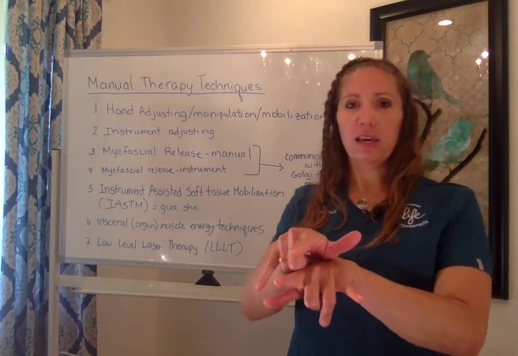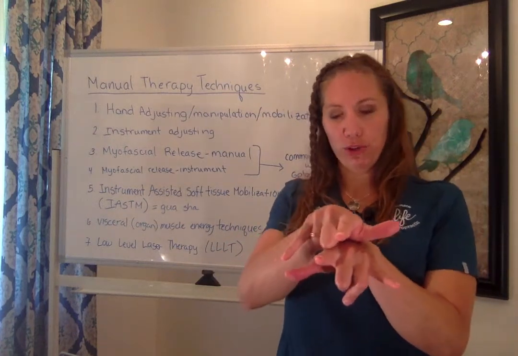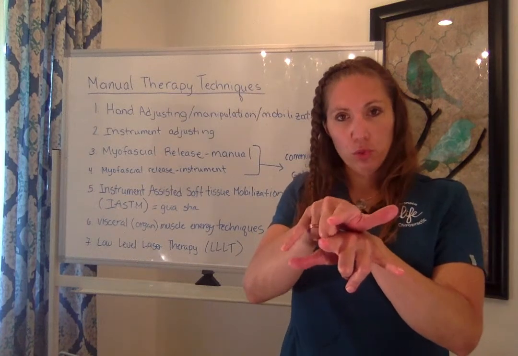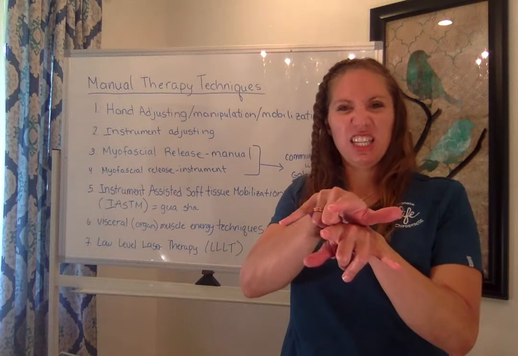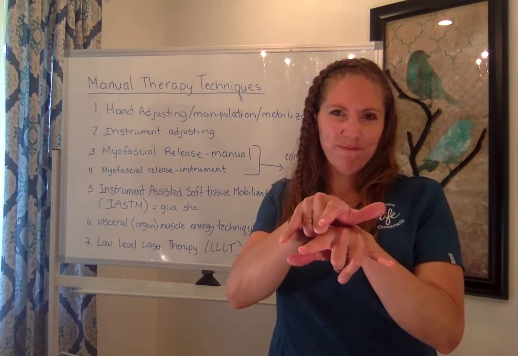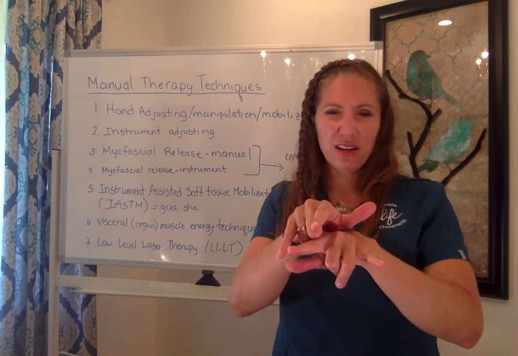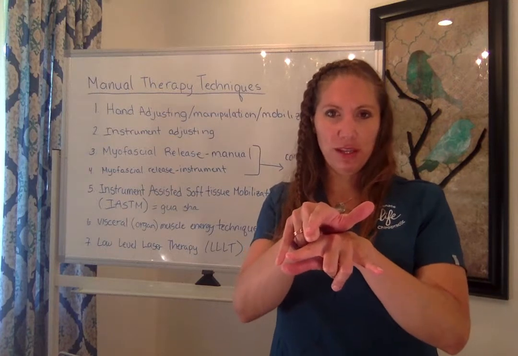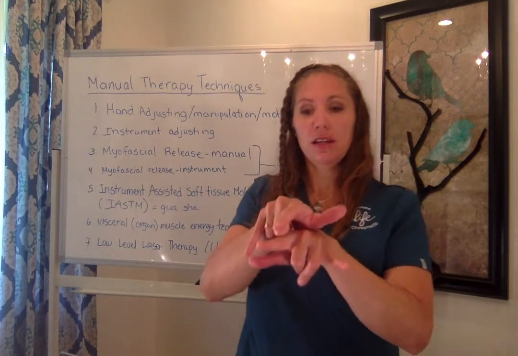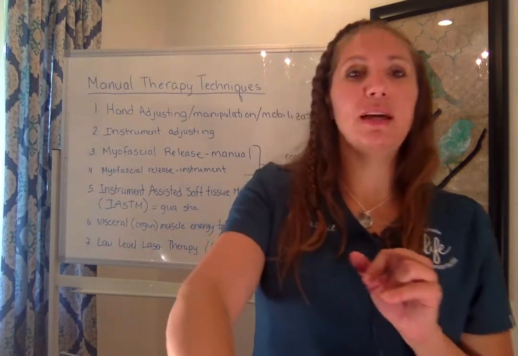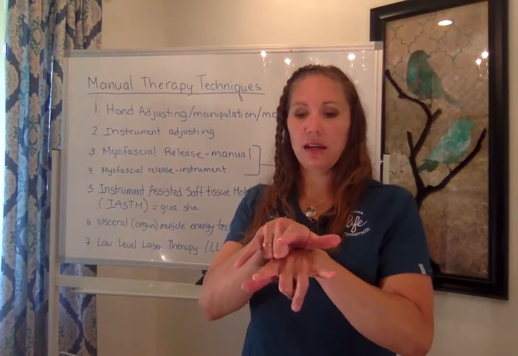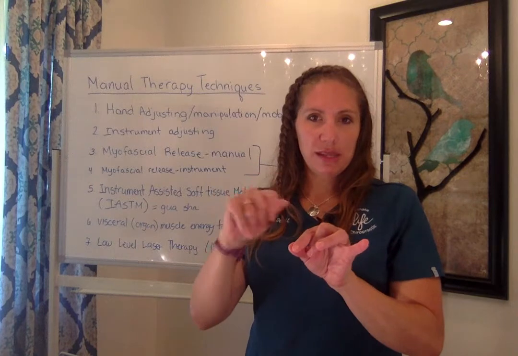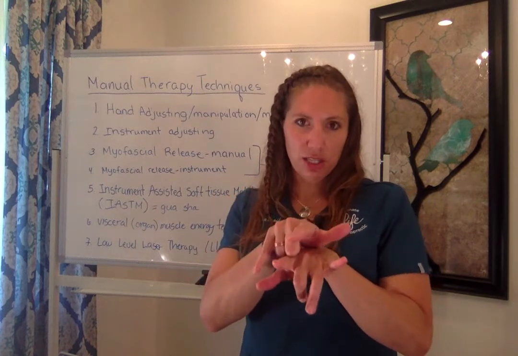Any of these things can make it so we don't go through a full range of motion. When we don't move through that full range of motion, then we get little adhesions that start to form. Then it becomes harder and harder to move it. So our force adjustments are going to be able to break those things up physically, as well as some of the muscle techniques can help break up that scar tissue.